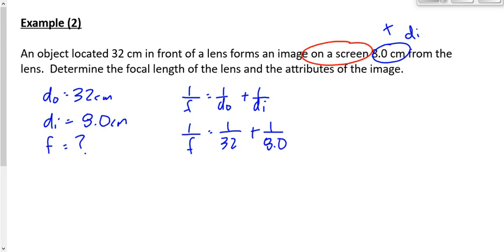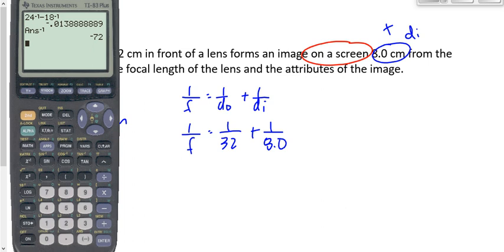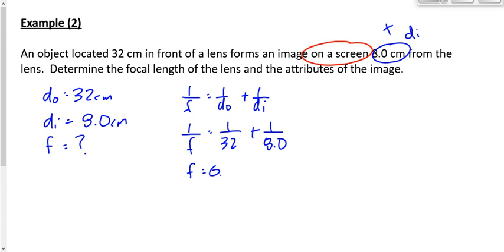You can find the common denominator if you want. Do your thing that way. Or you can just say 1 over 32 plus 1 over 8. Enter. Then what? Inverse of that, 1 over that. We end up getting 6.4. And it's positive. 6.4 centimeters.